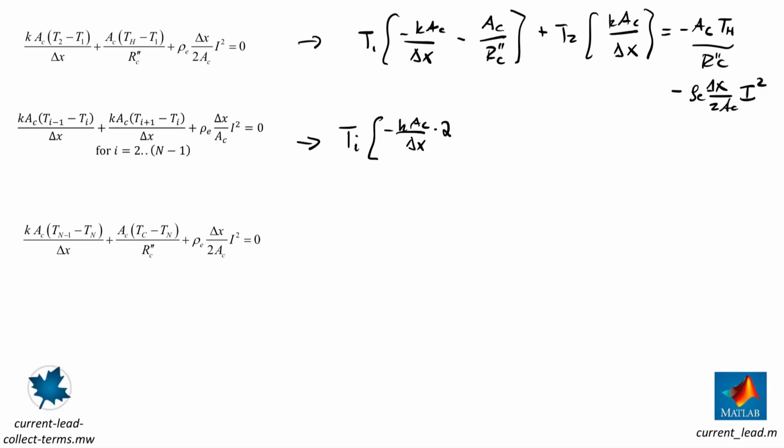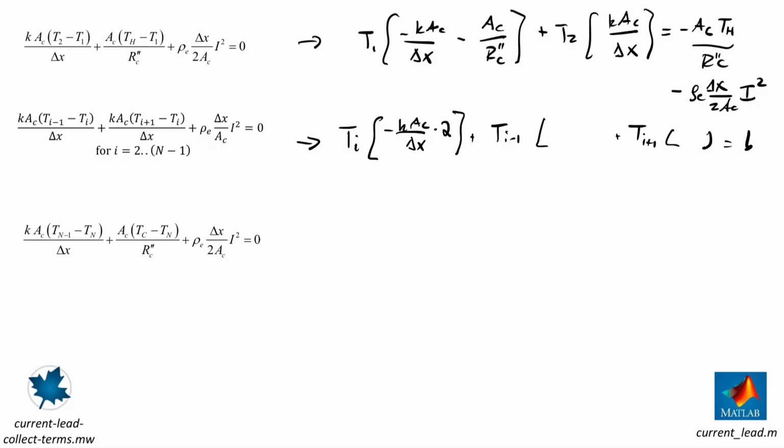We have again minus kAc over delta x, plus T(i-1) times something, plus T(i+1) times something, equals B. You just do the same process and end up collecting the terms. For this example, it's pretty easy to do by inspection. We know what we're looking for. In some circumstances, you might find it's pretty messy and you want some help doing that.